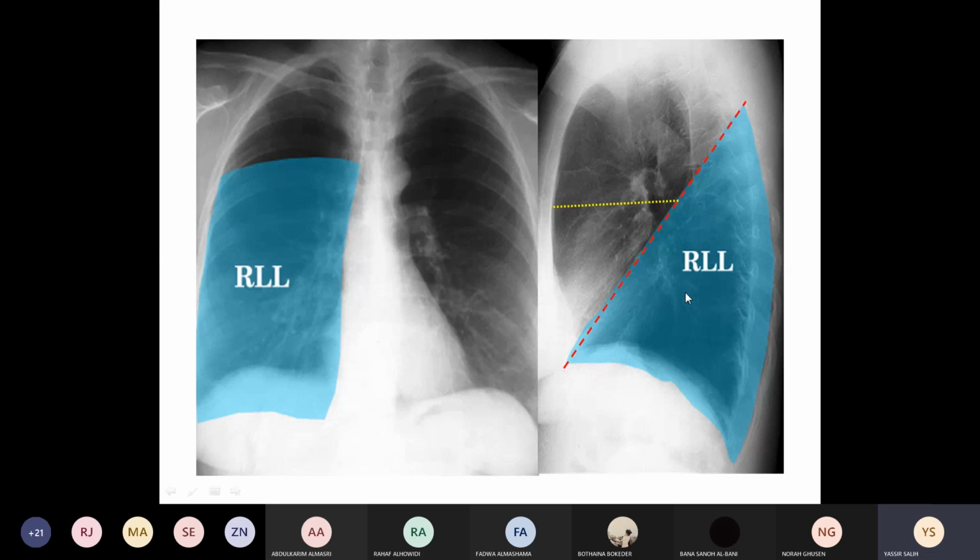It is difficult to localize the side on the lateral film only, but it is easy to localize the lobe if you know the side of the lesion: right upper, right middle, or right lower.